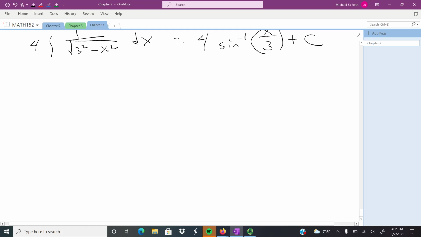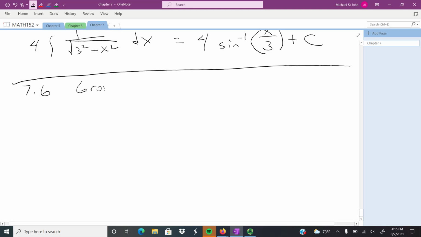Oh, let's see. So 7.6 deals with the growth rate of functions. And so you get this.